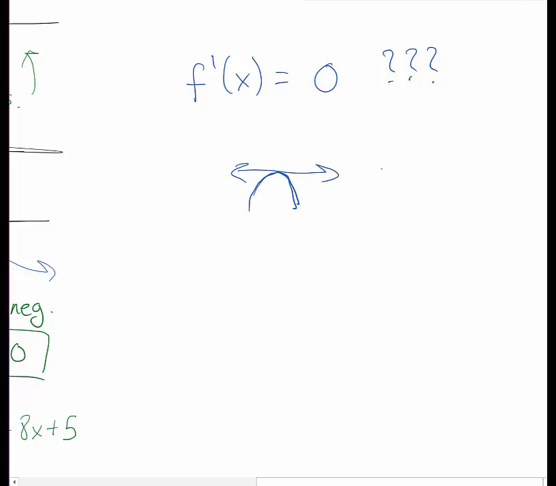So at a horizontal tangent, at this point right here at the bottom of our graph, the graph is not increasing or decreasing. It just stopped decreasing and it's changing to become increasing. But right there, it's not going up or down. So when our derivative is equal to 0, it's neither increasing nor decreasing. And we're going to have another name for that later on.